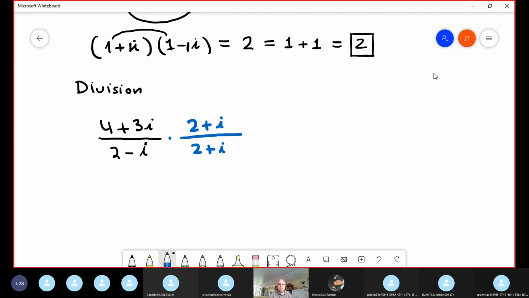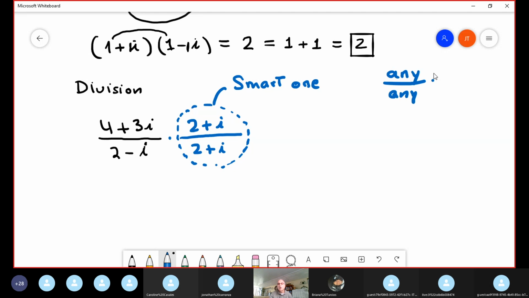We have two numbers, no? Top, bottom. Numerator, denominator. You take the number in the denominator, you find the conjugate, and you create something here. I call it a smart one. Because I know very well that any number or expression divided by itself is 1, and 1 is an invisible multiplier.